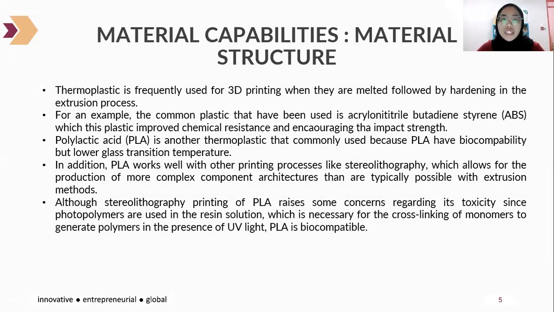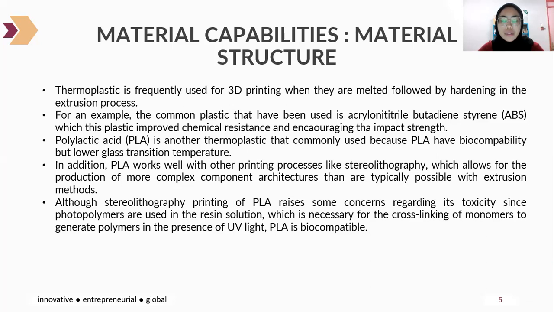Next, I will explain about material capabilities. In material capabilities, we divided by two, which are material structure and material properties. In material structure, thermoplastic is frequently used for 3D printing when they are melted, followed by hardening in the extrusion process.